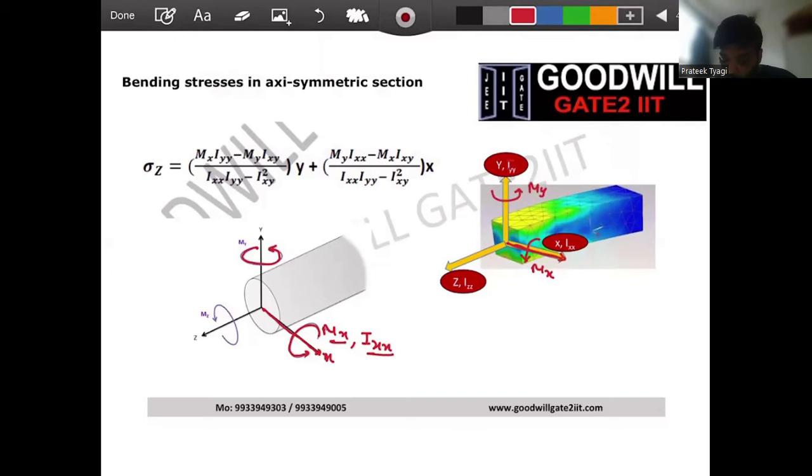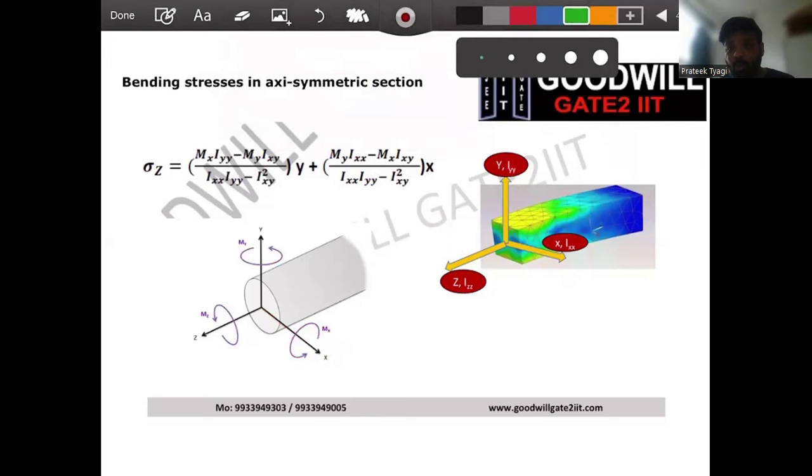And if you rotate anything about z-axis, your moment will be Mz, which typically we write as torque T. Don't worry about it. And your inertia is Izz. So you have three inertias, Ixx, Iyy, Izz, and three moments, Mx, My, Mz. But if you see, bending will only happen because of two of them, Mx and My.